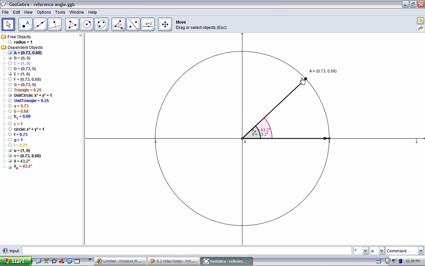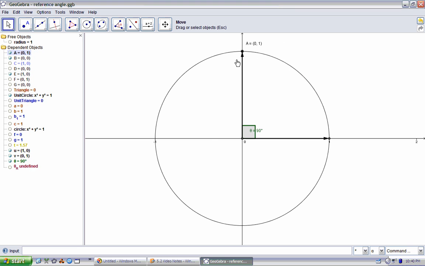In green, you can see here is my theta. In red is its reference angle. Notice here it's in standard position, and what we said was its reference angle is made with the terminal side and the x-axis. So in the first quadrant, the reference angle is just equal to the angle in question.